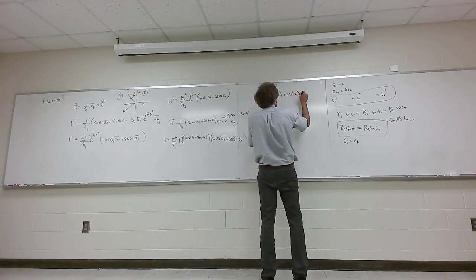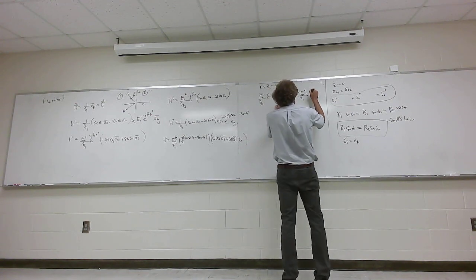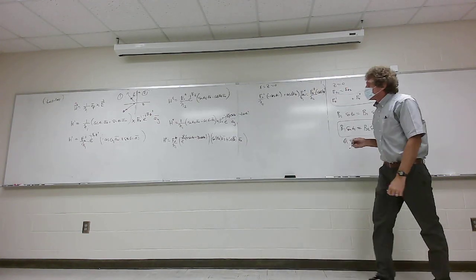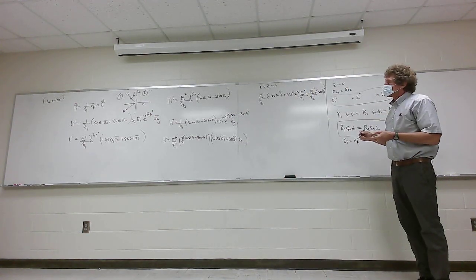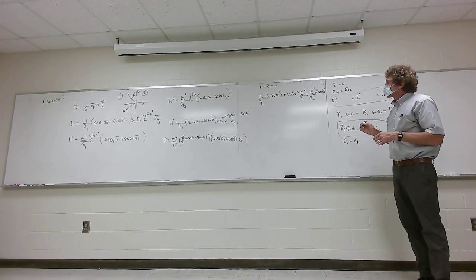And it's going to be times E naught reflected over a to 1 is equal to E naught transmitted over a to 2, right there, times minus cosine of theta transmitted. The only thing I've done is set the x components of the incident and reflected equal to the x component of the transmitted.